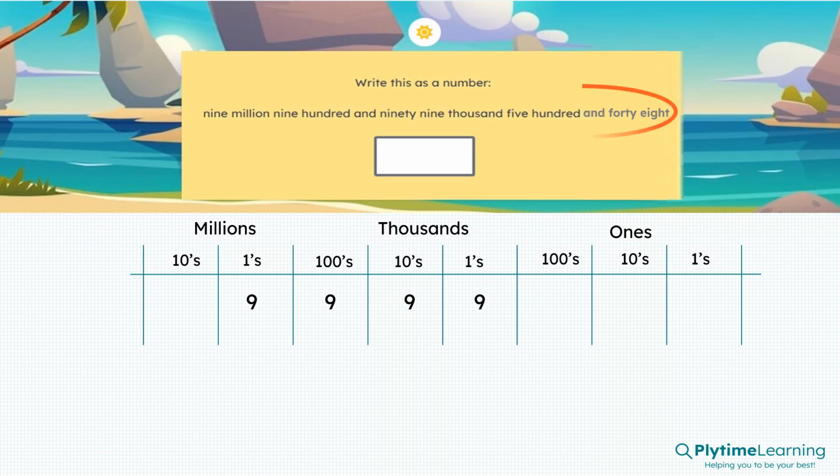And 548. So we look at the ones column, 5 in the hundreds, 4 or 40 in the tens, and 8 in the ones. We write in the box, look at the millions, 9, and then the thousands, 999, and then the ones, 548.